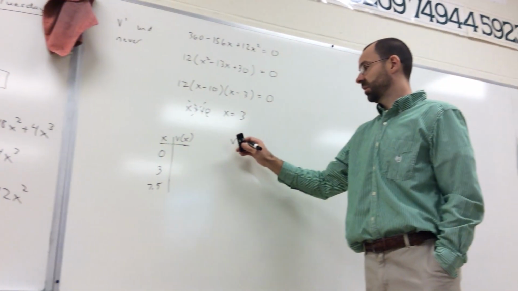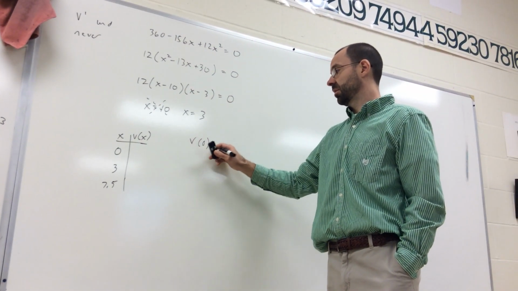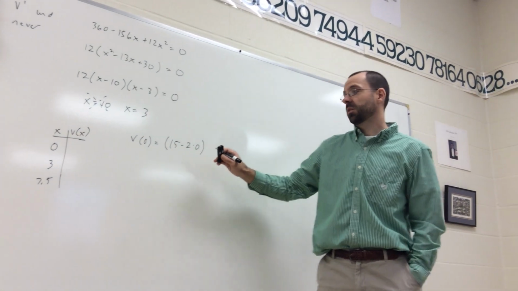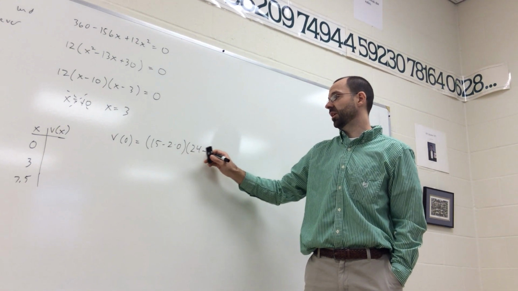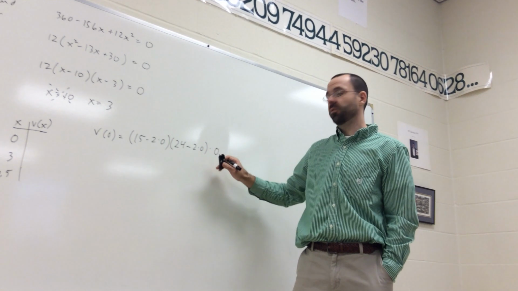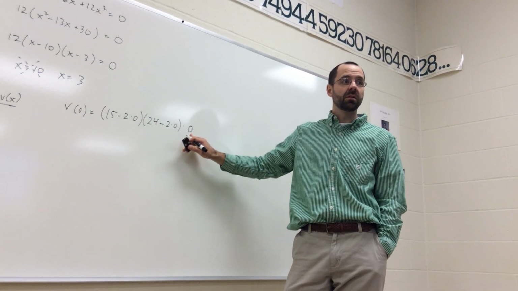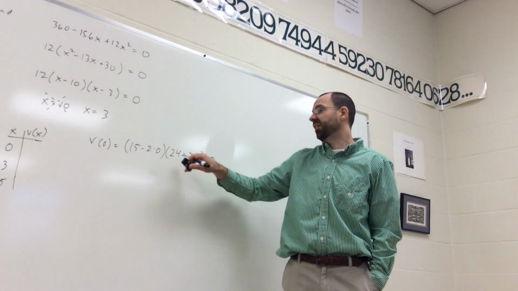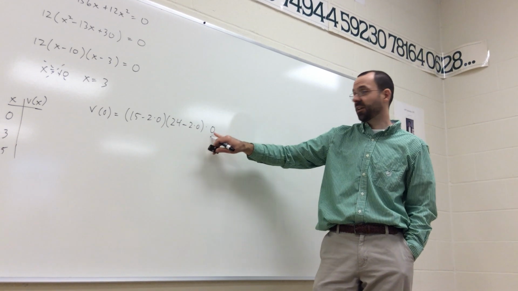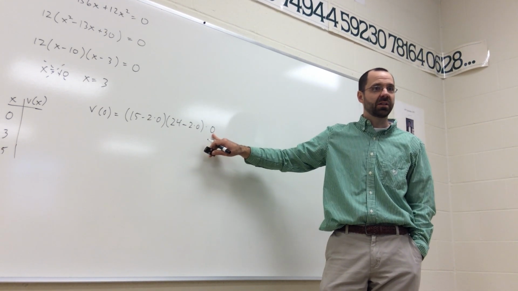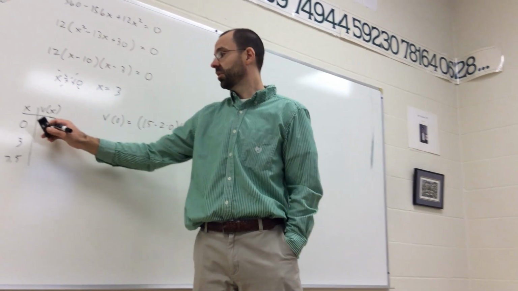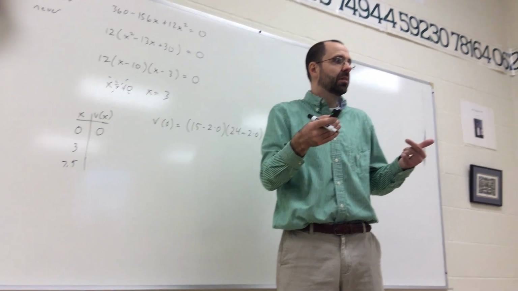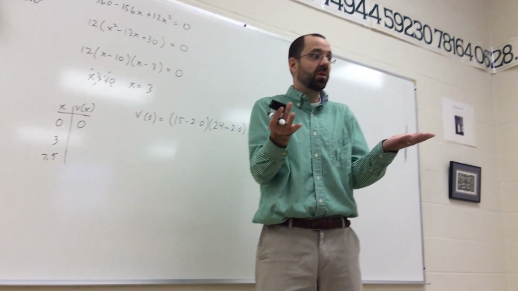So volume at 0 is 15 minus 2 times 0 times 24 minus 2 times 0 times 0. I don't really even care what these numbers are, but the fact that I'm going to be multiplying by 0 at the end tells me that if I have a 0, it's going to be 0. Which makes sense, because the 0x meant I wasn't going to cut out anything. So I just have my flat piece of cardboard, which has volume 0.